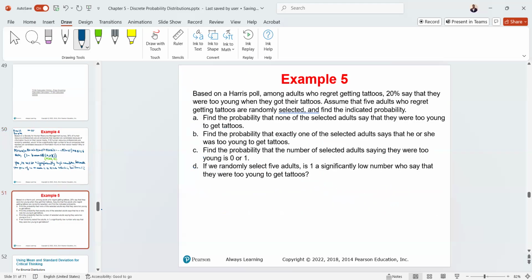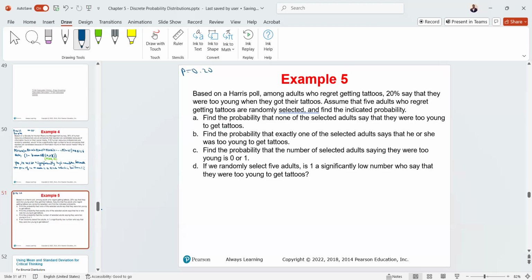All right. Now let's go with another example. Based on a Harris poll among adults who regret getting tattoos, 20% say that they were too young when they got the tattoos. So remember, what you're provided is the probability of success.